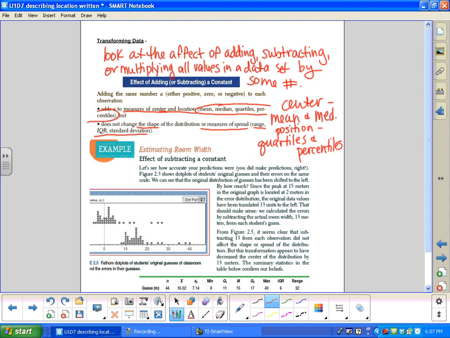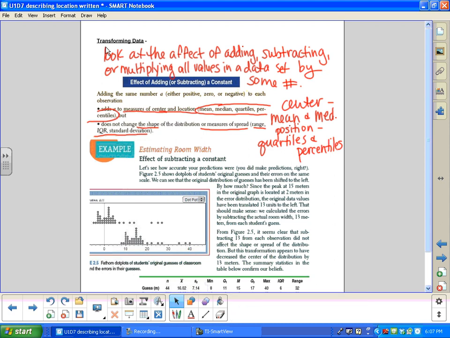constant. So say I have a group of test scores, and I've decided that I'd like to give everyone a 5-point curve. That would be adding a constant to all the data values. And I want to see how this will affect my mean and my median, my quartiles, my percentiles, range, IQR, standard deviation.